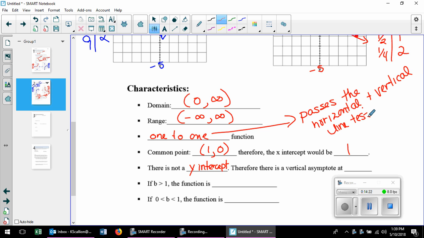And for us mere mortals who can't remember what that means, it just means that the original graph and its inverse are what?